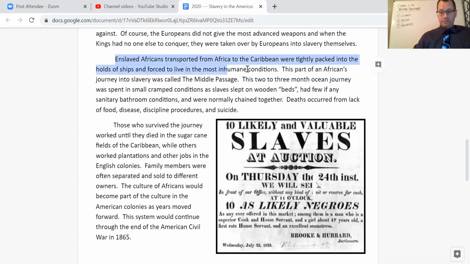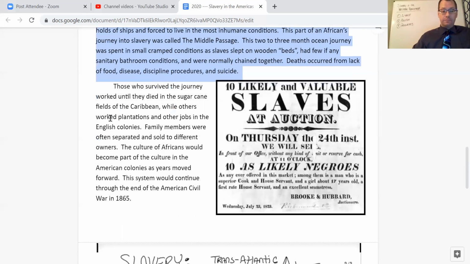As the passage goes on, it talked about the conditions: wooden beds, cramped conditions for a three-month journey, suicide, disease, very, very common. If you were able to survive the journey, you would more than likely have landed in the Caribbean, but then spread out from there to either the southern English colonies or throughout all of Central and South America, where there was a Spanish, Portuguese, or Dutch colony, and agriculture would have been the major focus.